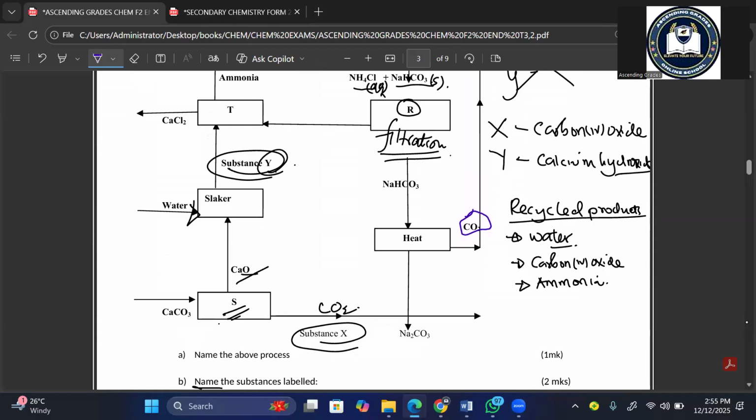So at T, we are having substance Y, which we said is calcium hydroxide.